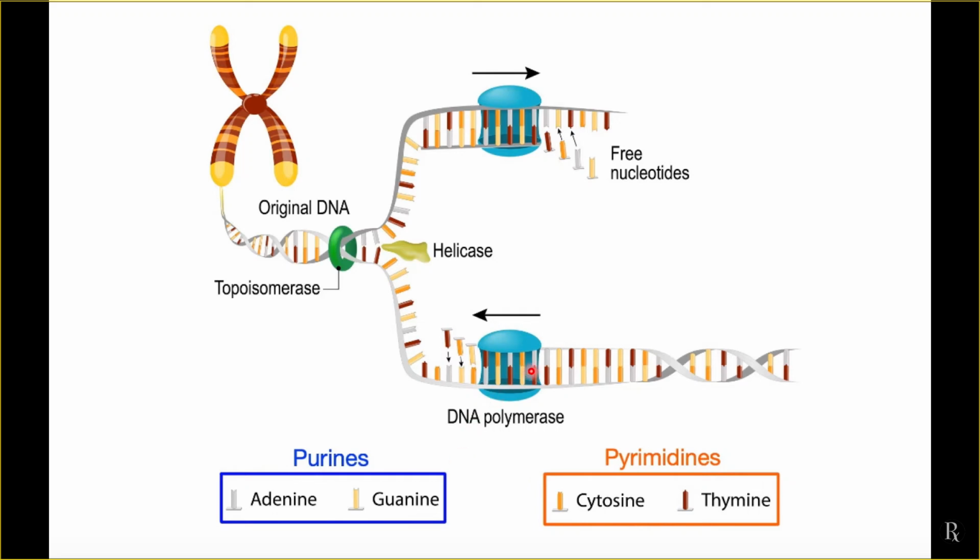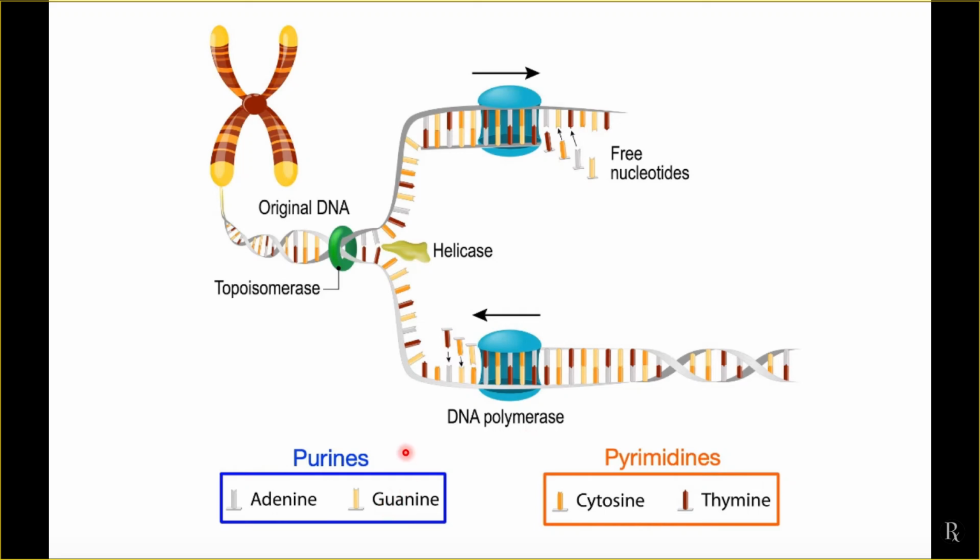So after that, the specific sites will be merged and then closed again. And for this process, the key blocks that are required are purines and pyrimidines. For the purines, we have adenine and guanine, and for the pyrimidines, cytosine and thymine.